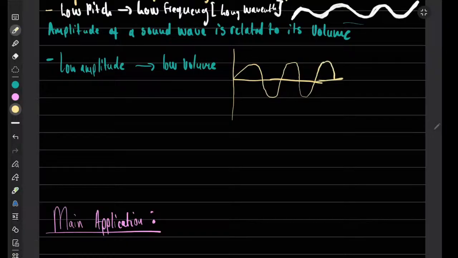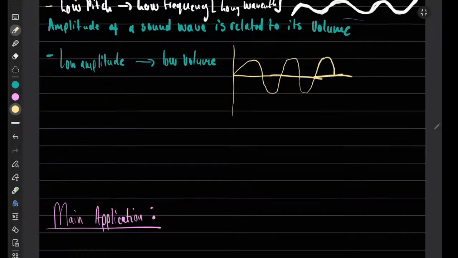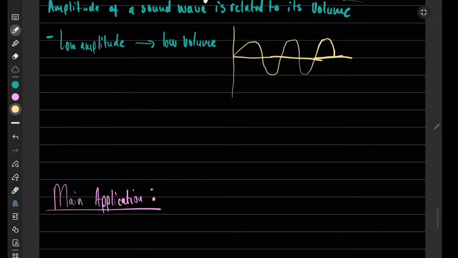But if I say to you guys, listen, I need you to hear this. I've increased the volume. So I have done high amplitude of a sound wave, which means there's a high volume.